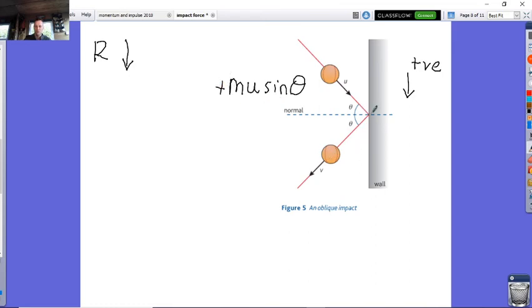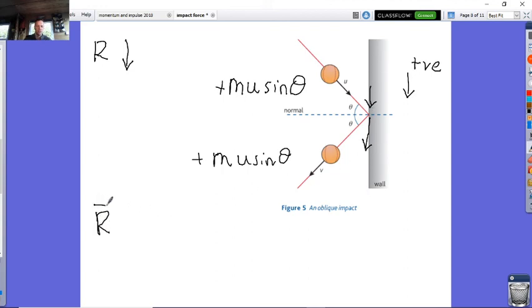Now, when it bounces off the wall, it's still got a vertical component going down, and it's going to be exactly the same as what we had before. So it's still going to be mu sin theta, which is still going to be positive. Therefore, there's no change in the vertical direction.